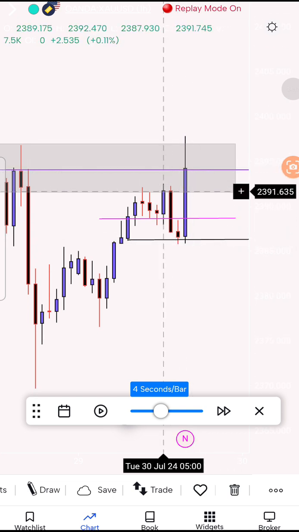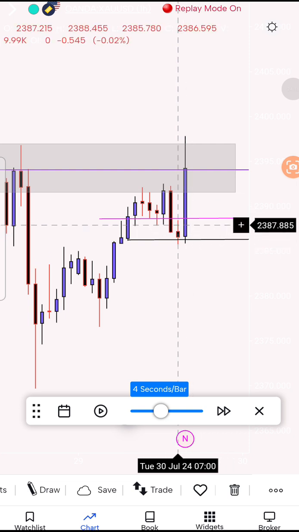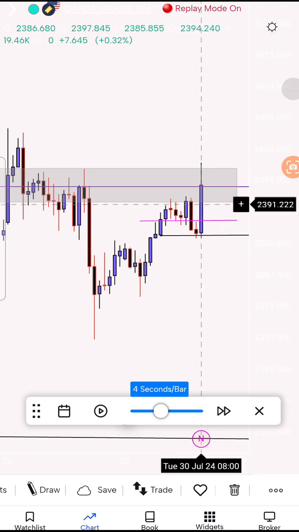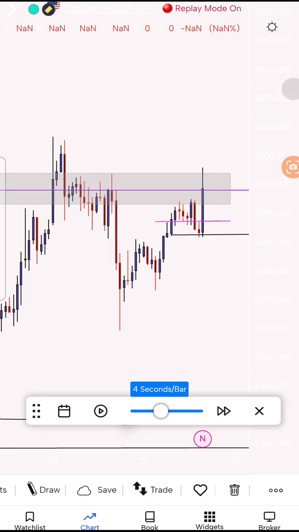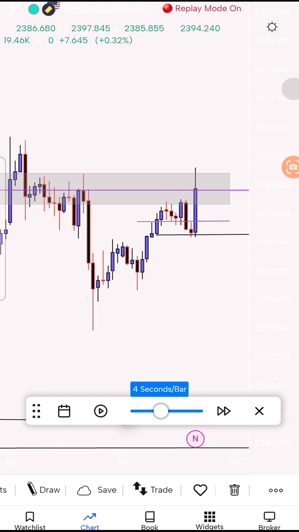You can see now we have closed above these 2 down close consecutive candles of the fair value gap, and currently what we're seeing is price back into the fair value gap that we had already mitigated. So with that, I want to see the next candle form a fair value gap, and I will enter off the next candle.